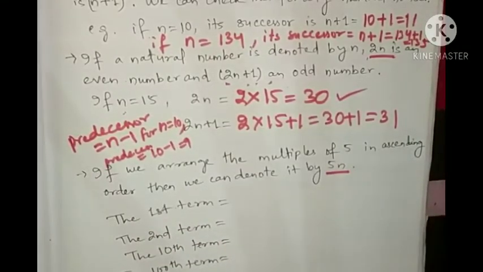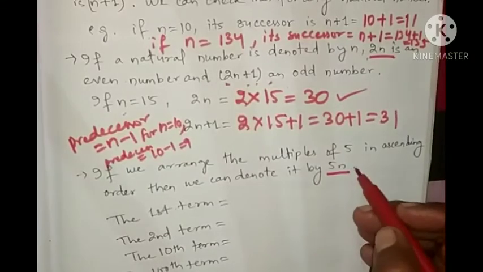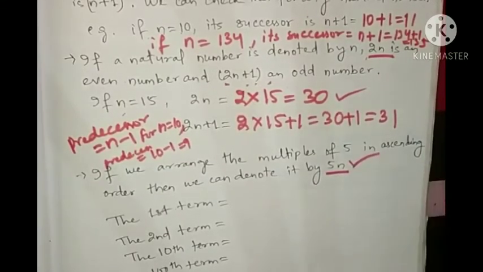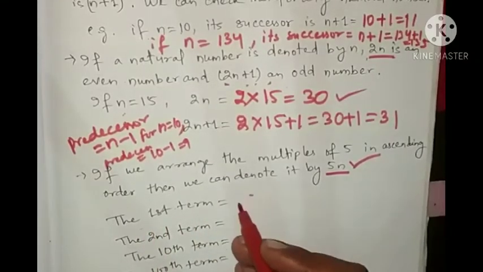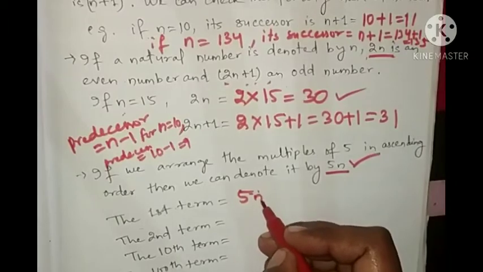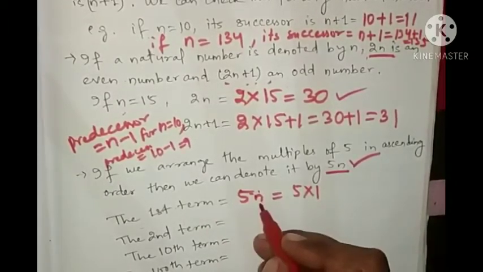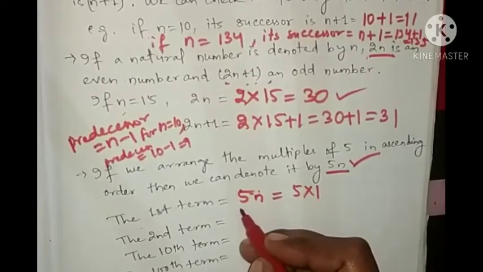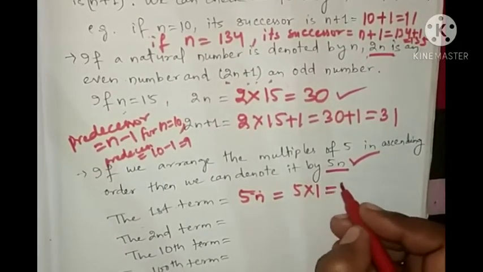If we write the multiples of 5, like 5, 10, 15, 20, in ascending order, what is the rule? It is 5n. The first term: in n we put the first natural number, 1. 5 into 1 equals 5.